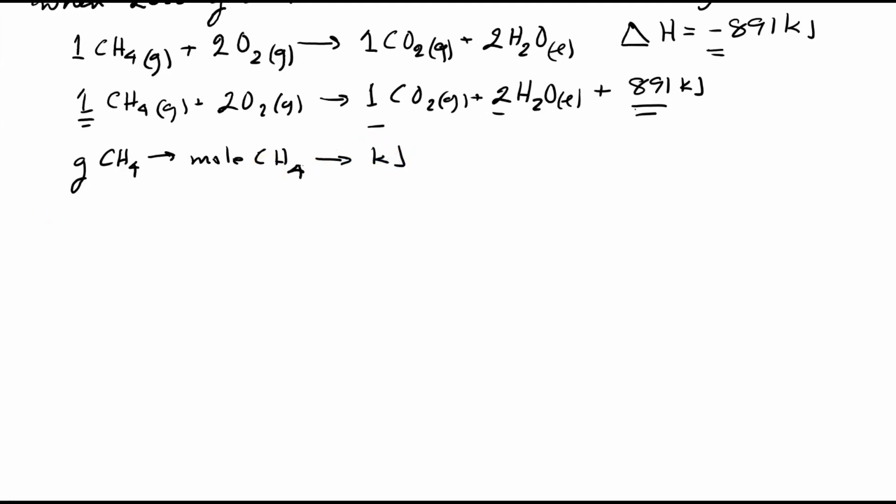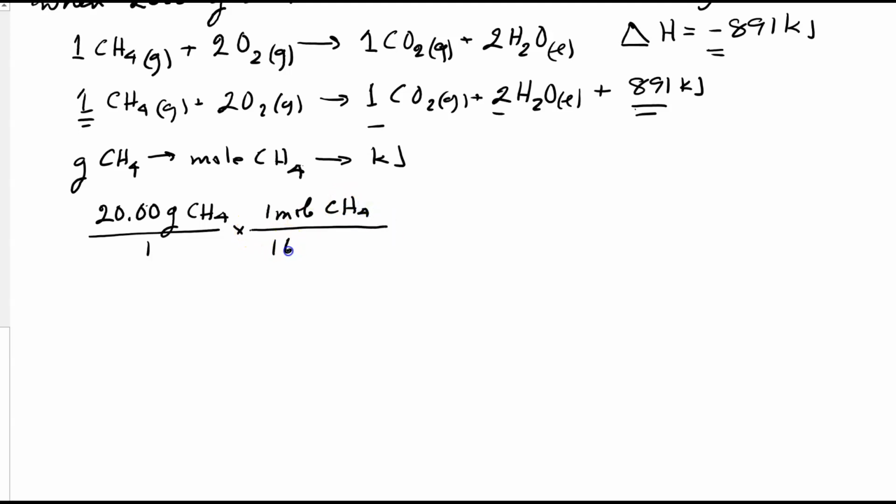So in this case we have 20.00 grams of CH4, of course over 1, times 1 mole of CH4 per 16.04 grams of CH4. That converts it to moles of CH4.